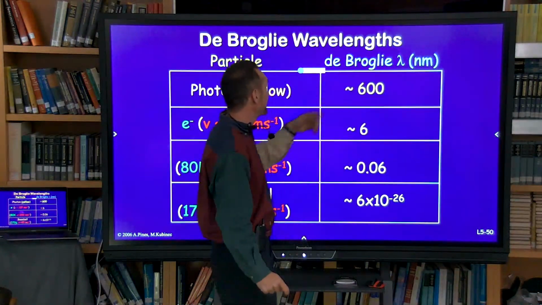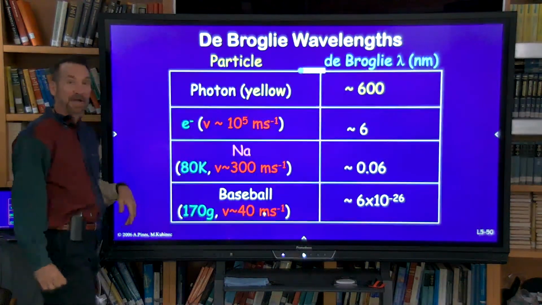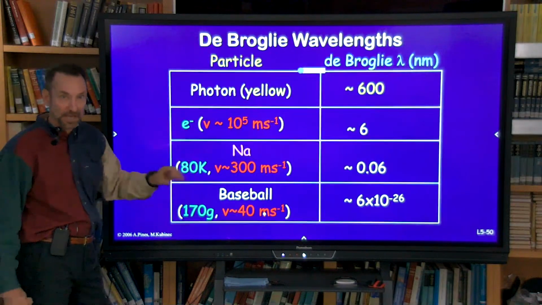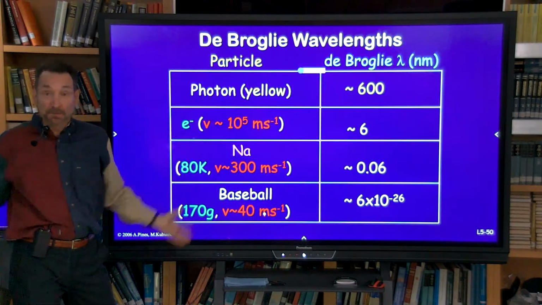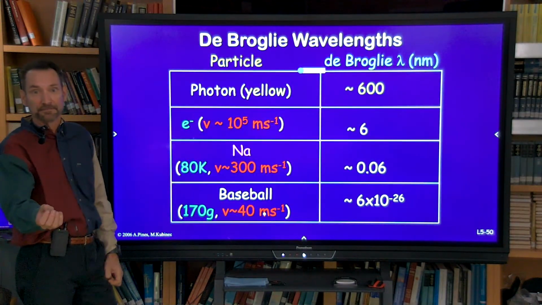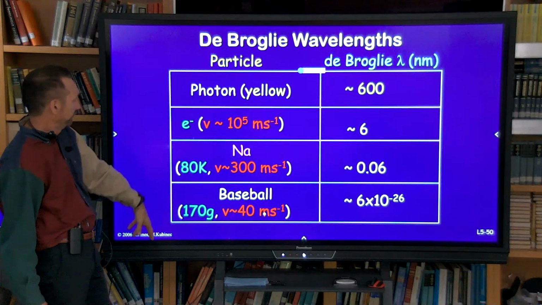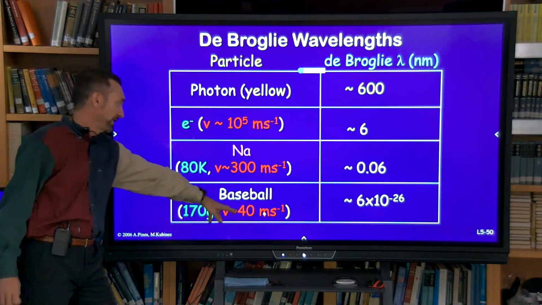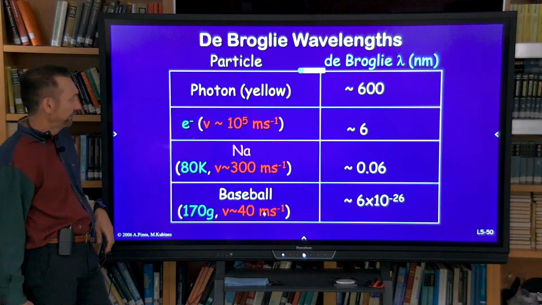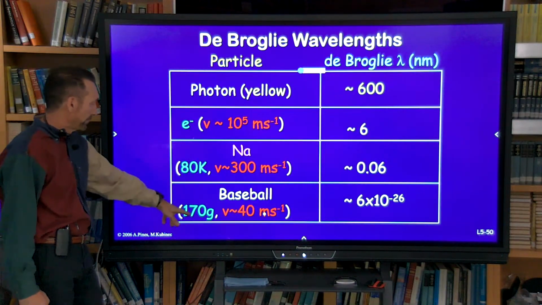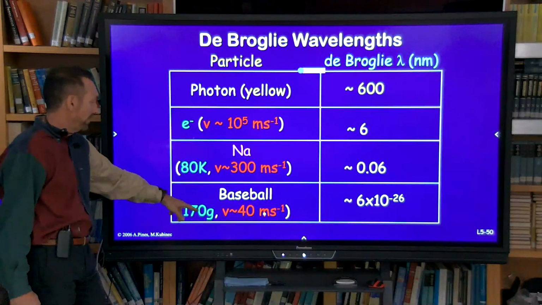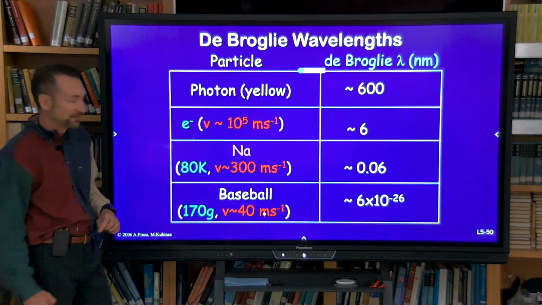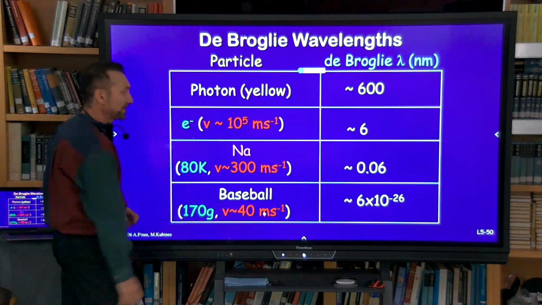And he said it had this relationship: the momentum is h over lambda. So anything with a momentum, you could calculate a wavelength. So here's a baseball pitched very fast at 40 meters per second with a mass of 170 grams. M times V is the momentum.